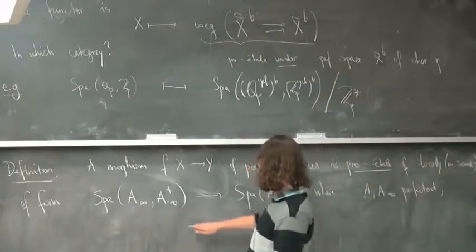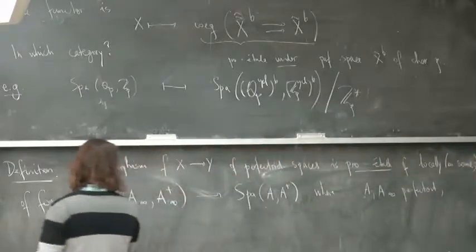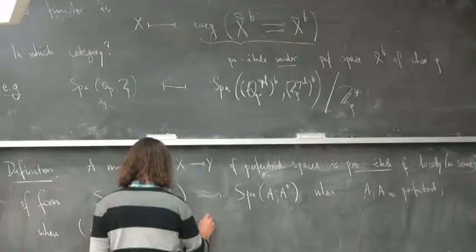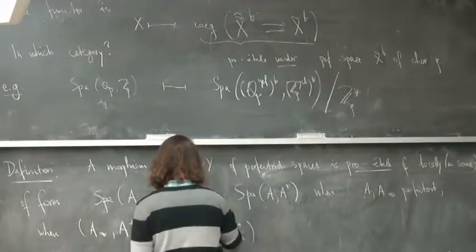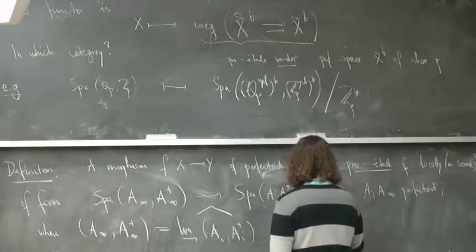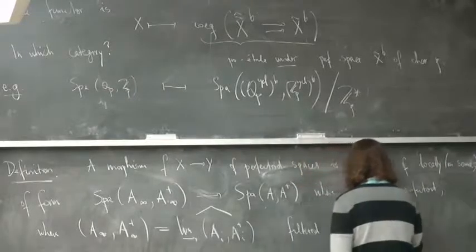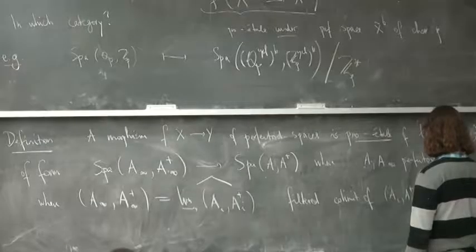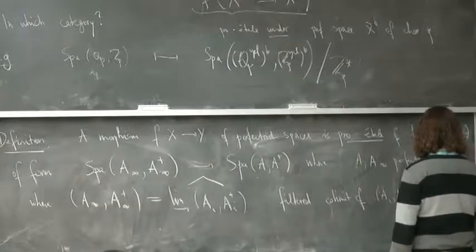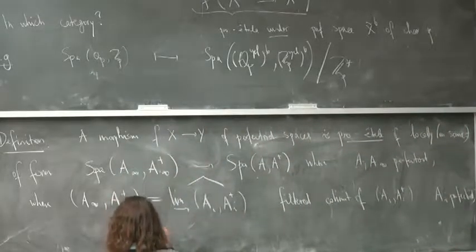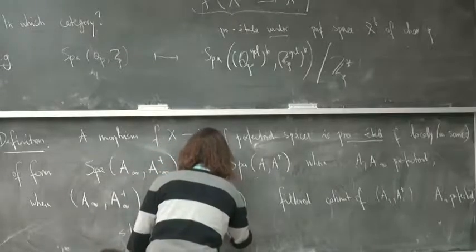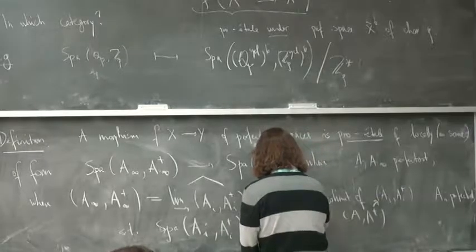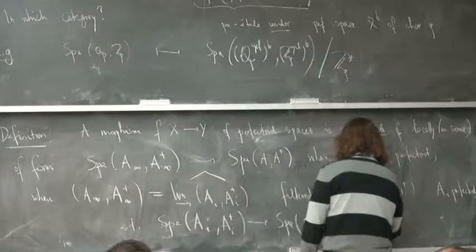And you can get this A infinity as some kind of completed filtered direct limit, the colimit, of the (A_i, A_i plus), where the A_i are again perfectoid, such that all the morphisms at finite level, so these are still supposed to be algebras over this guy, this map is étale.